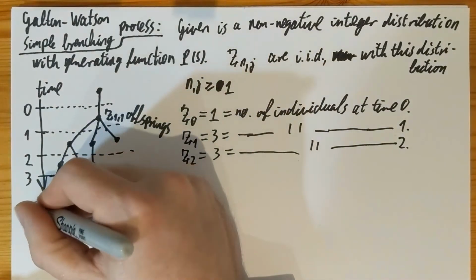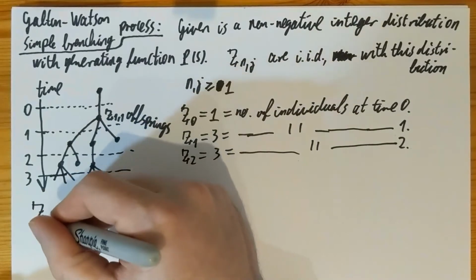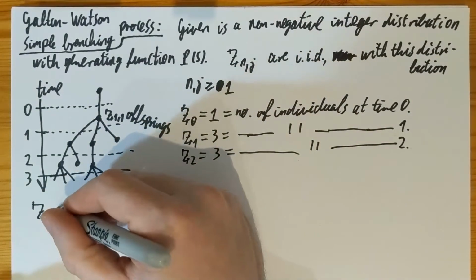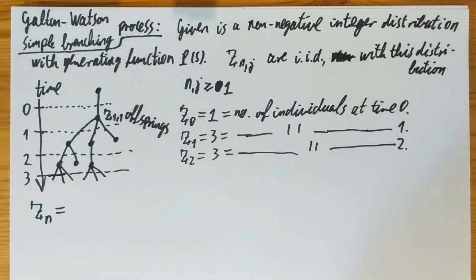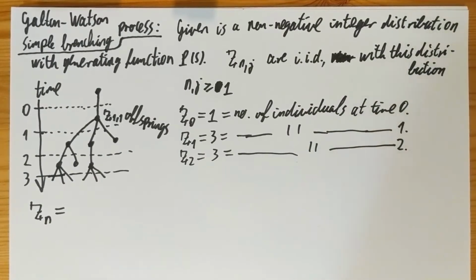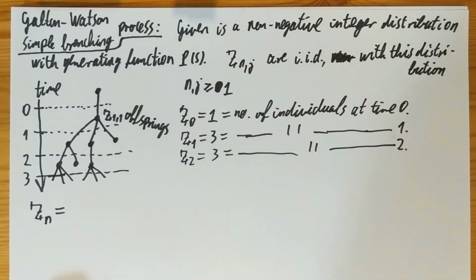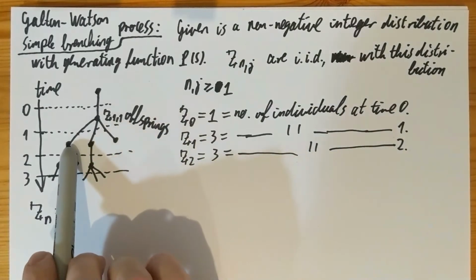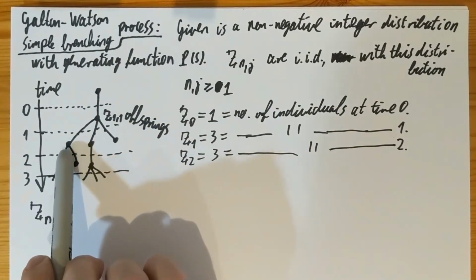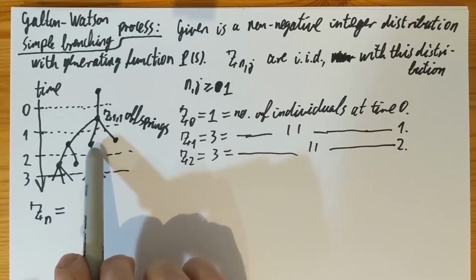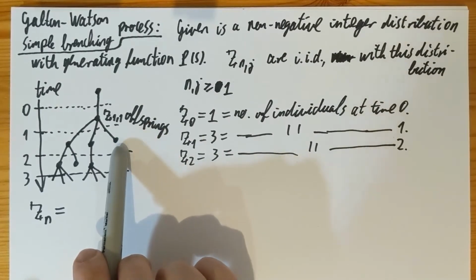And in general, if I want to calculate the number of offsprings at time n, then what I need to consider is all the individuals at time n minus 1, and I want to look at all the offsprings that those individuals have. These individuals have exactly the Z_{n,j} numbers of offsprings. So this one here will have Z_{2,1}, this one will have Z_{2,2}, and this one Z_{2,3} offsprings.